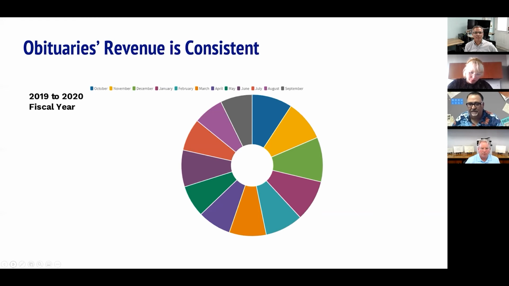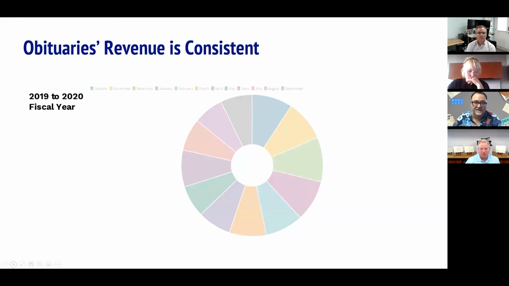This is pulled directly from our system, and you can see that while there are a few months where the numbers decline a bit, this is consistent revenue from month to month that is not going to swing wildly depending on the business's economic realities. So this is really important content that brings revenue in a stable manner. Next slide, please.